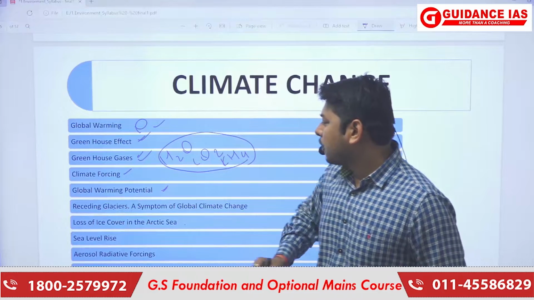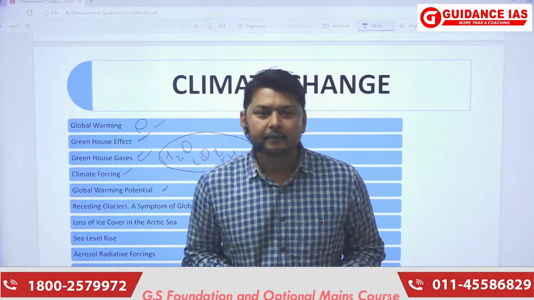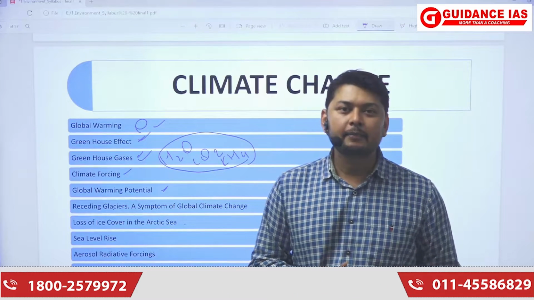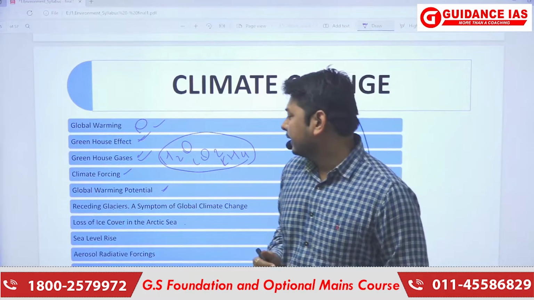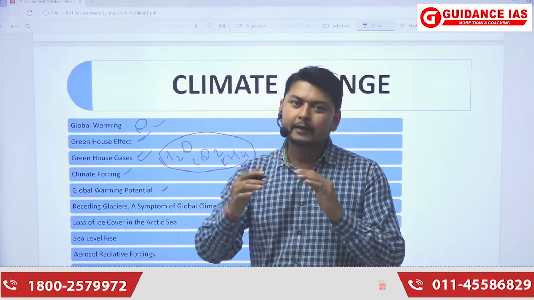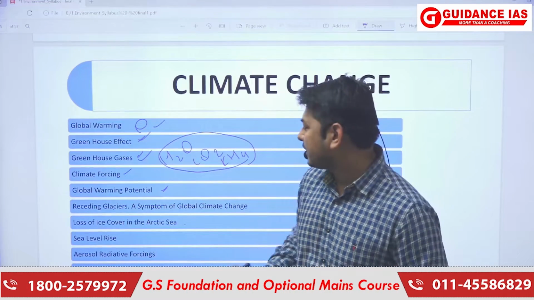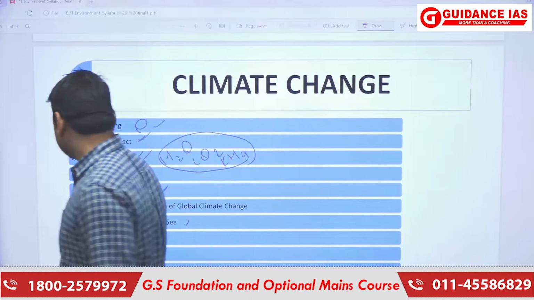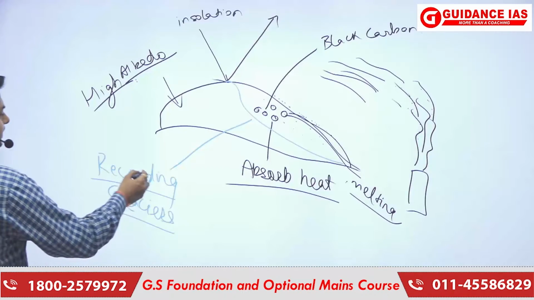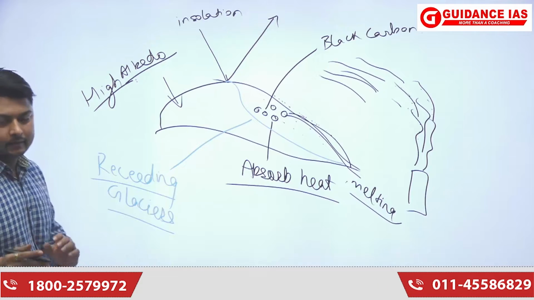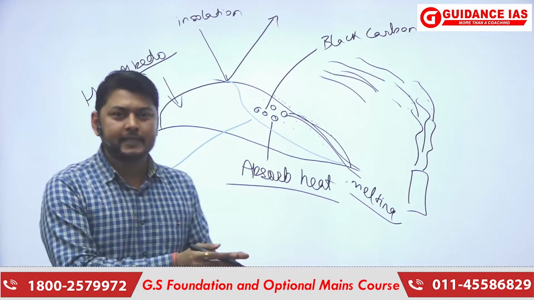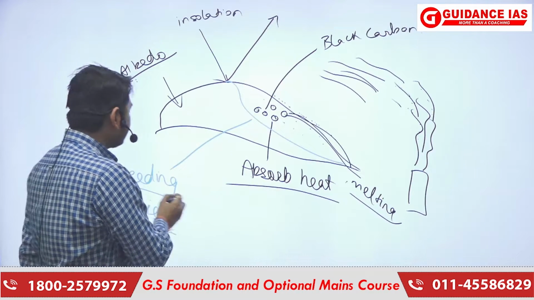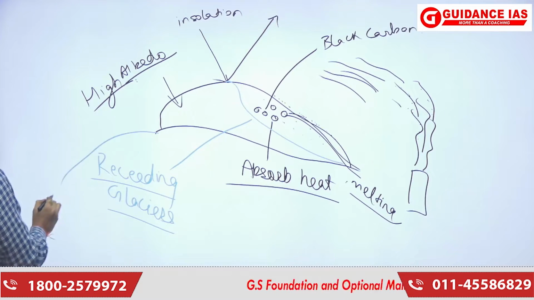Now next is loss of ice cover in the Arctic Sea. Because of the rise in temperature in the ocean and in the air, the ice cover situated in the Arctic region is also receding very fast. Due to this receding ice, this melting of glaciers, which have existed since the Pleistocene ice age, where will the water go?